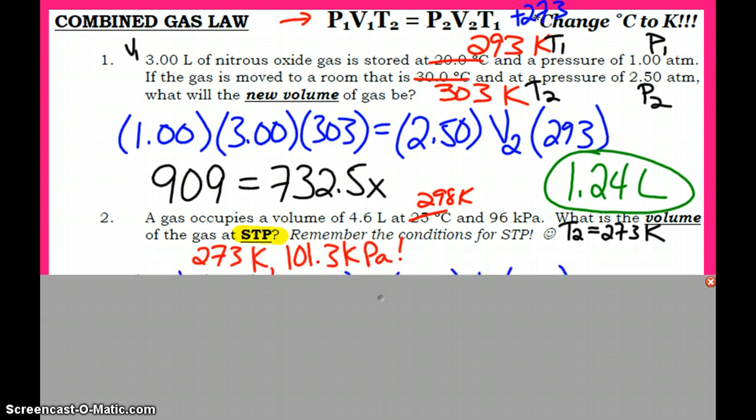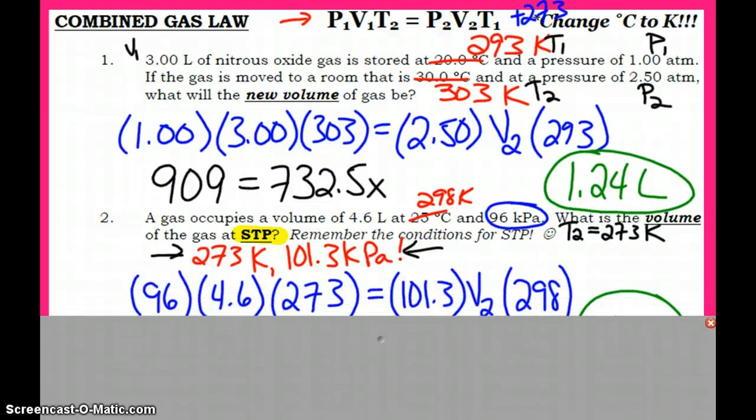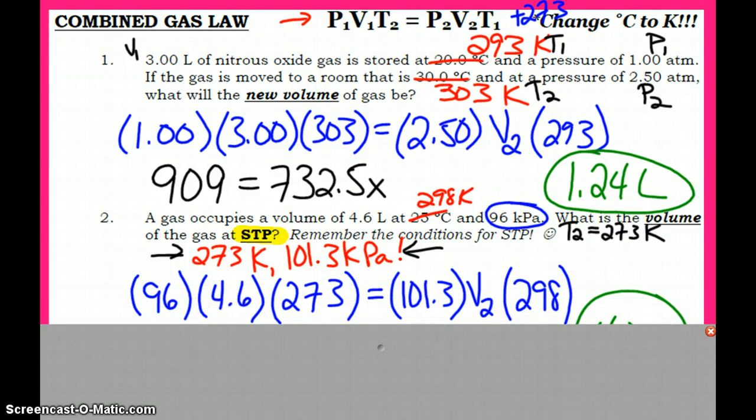P2, oh, it's right here. P2 is 101.3 kilopascals. Yes, it's 1 atmosphere, but we've got to make sure we match our units. So since we have 96 kilopascals in the problem, I need to use the 101.3 kilopascals fact. So now I have my 5 numbers that I can plug in. I've got my P1, V1, T2, my 273.